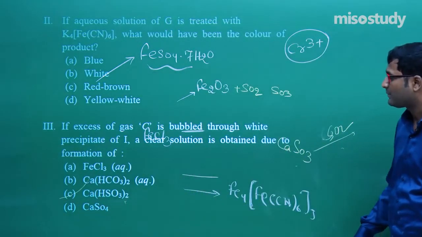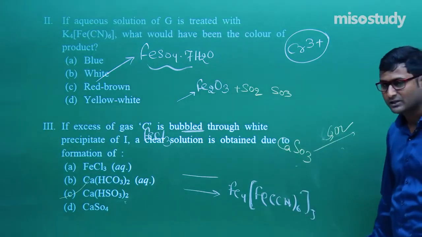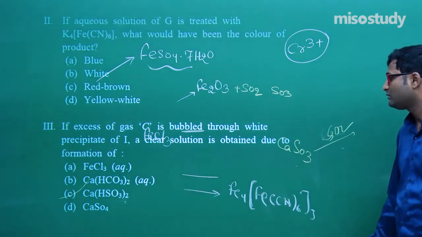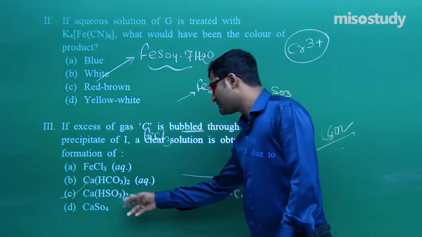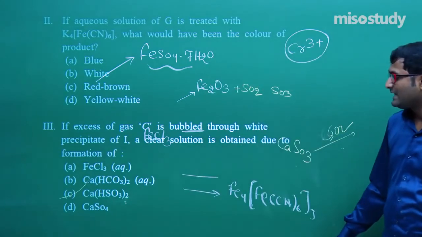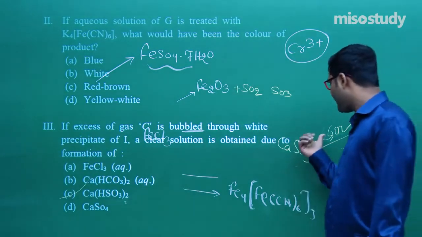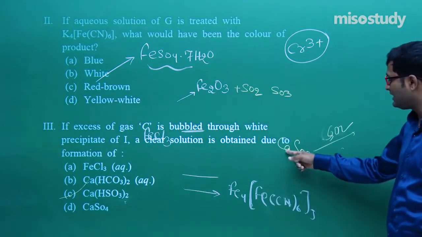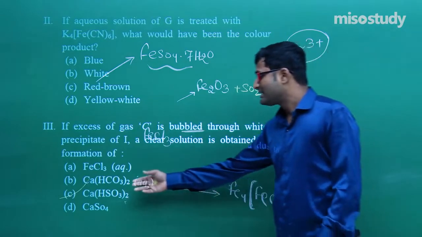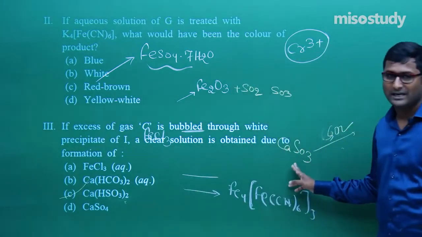If excess of gas C, that is SO2, is bubbled through white precipitate of I, a clear solution is obtained due to the formation of Ca(HSO3)2. Clear? Similarly, if we pass CO2 gas, then CaCO3 gives Ca(HCO3)2, but here it is SO2 and CaSO3.